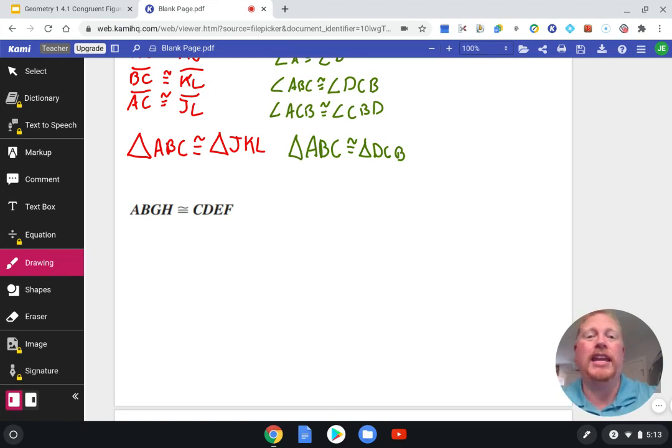And here's how you can do it even without a diagram. Remember that the order matters.